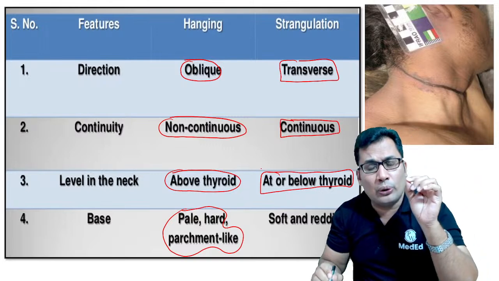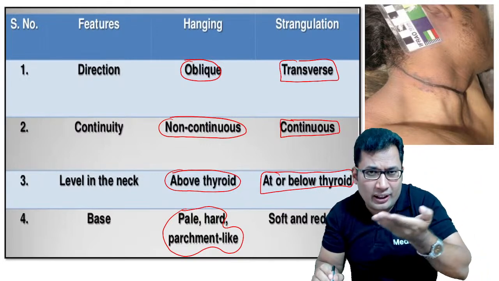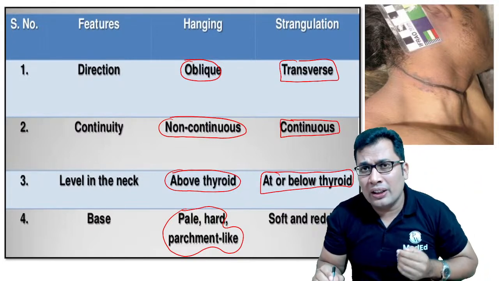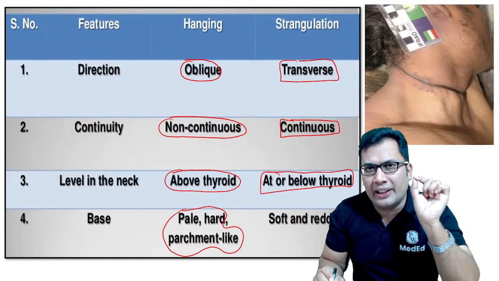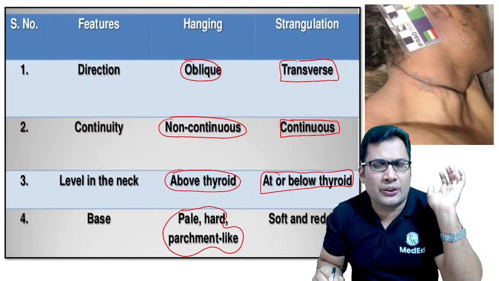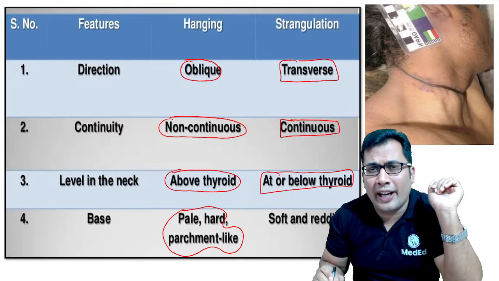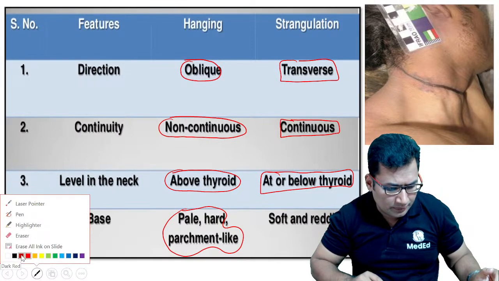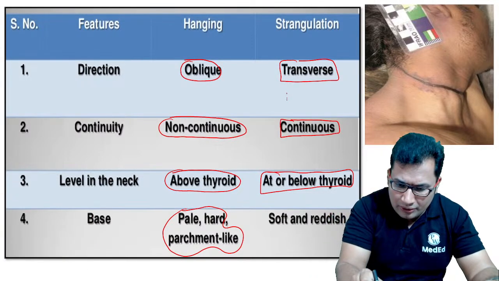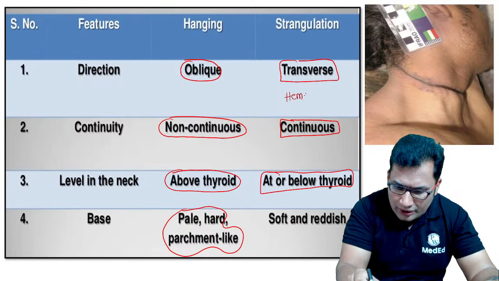When you look at the base of the ligature mark in case of strangulation, it is soft and reddish. It is all because of the hemorrhages. Let me write here. Because of the hemorrhages.